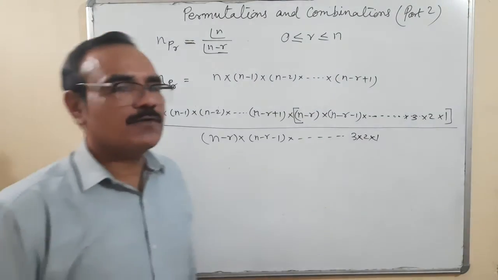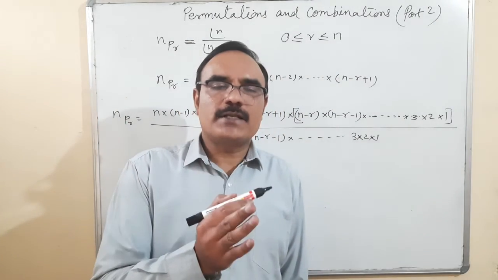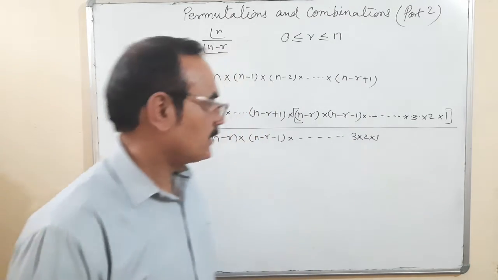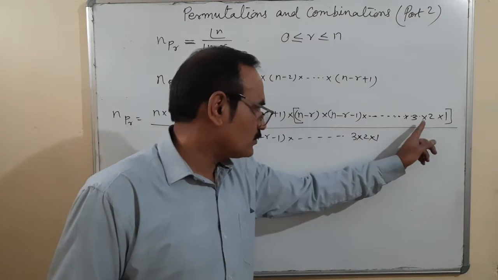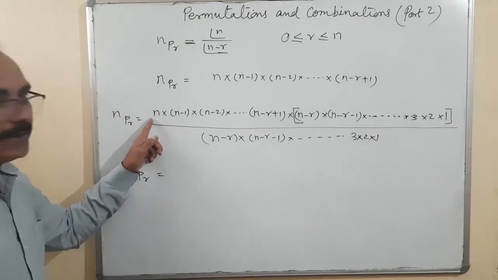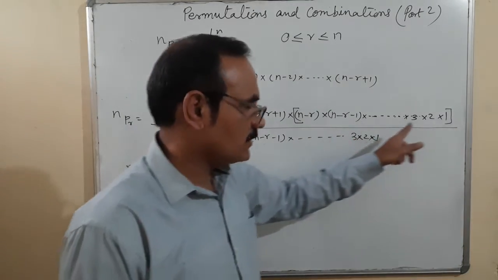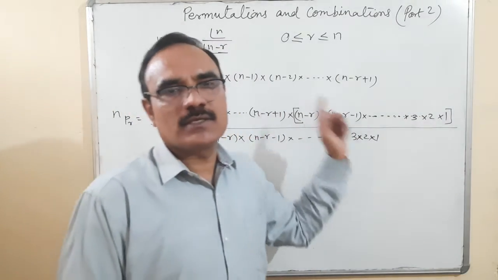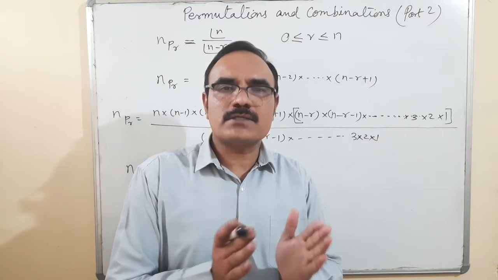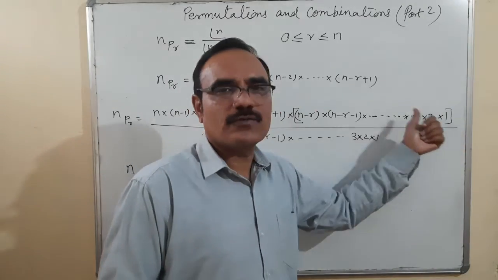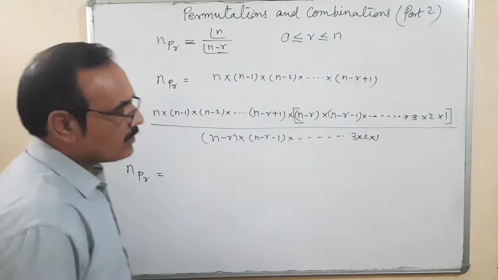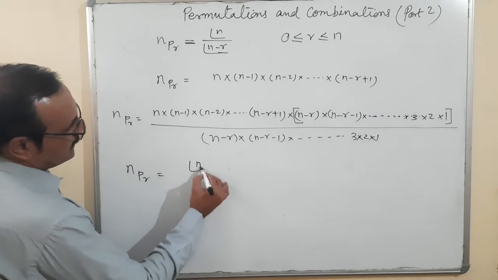What is the definition of factorial n? What does it mean? The product of first n natural numbers. You can see 1 into 2 into 3, up to n minus r, up to n. So this complete term starting from 1 to n is the product of first n natural numbers, which can be expressed as factorial n.